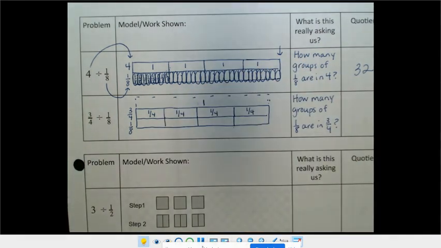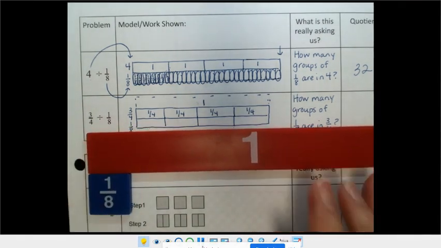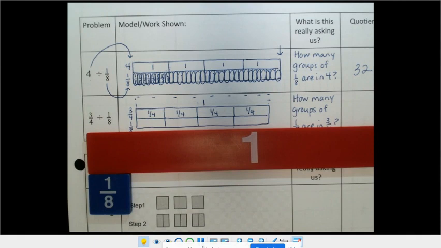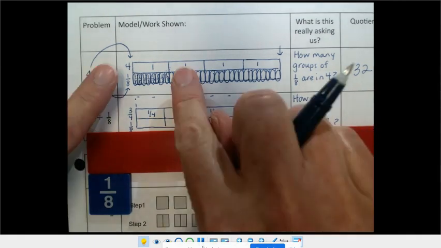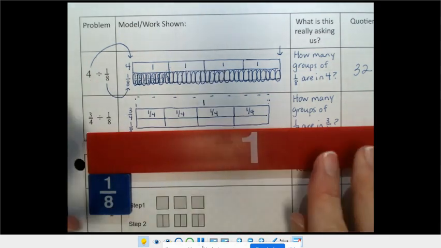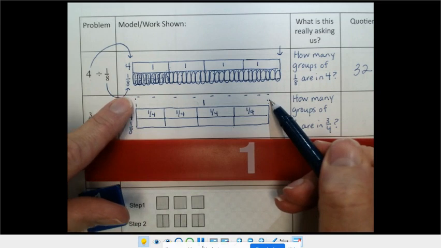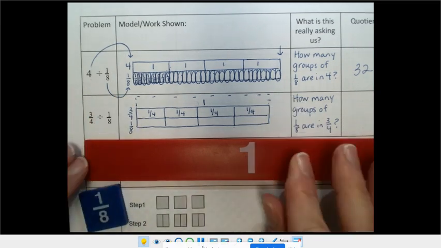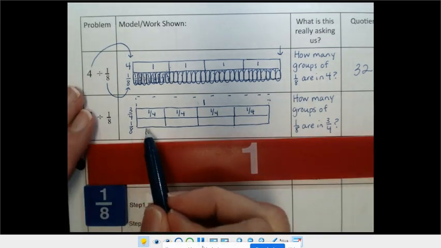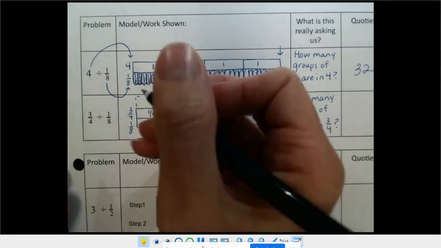Then I have to think about how many eighths are in that one whole, like we did on the last problem. But last time we took our 1/8 because this was my one whole and put them all in here like this. This time we're not doing that. Remember, this 1 bar stands for this entire chart. So I'm looking at my eighths spread across the entire bottom of the model.